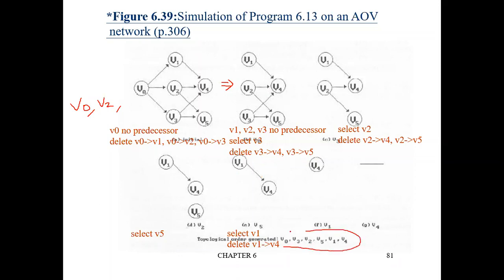The output may vary. That depends on your style of implementation. Yes, Rupa. Good. V2 to V4 and V2 to V5. So let us assume we are deleting these two edges, and also deleting V2. Now what will be the resultant graph? Yes, this. So let me draw here. V1 we have, okay. We have V1.